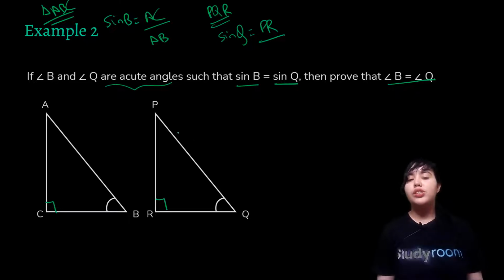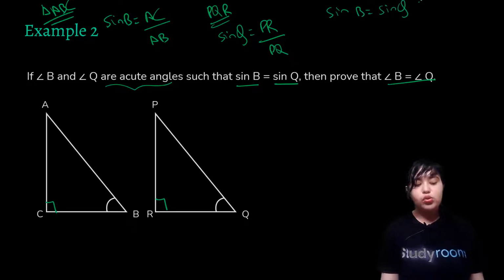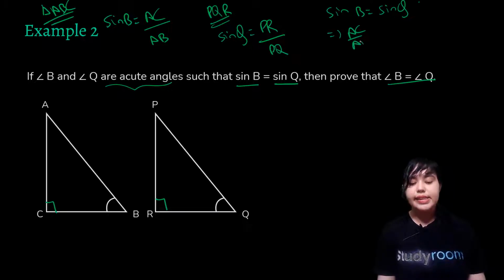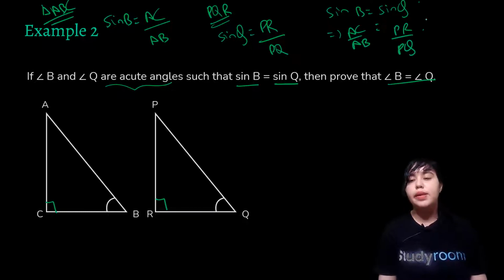What is the hypotenuse of this triangle? PQ. Now it has been given that sine B is equal to sine Q. Alright, so I can say that AC upon AB is equal to PR upon PQ. Okay, just remember this result.